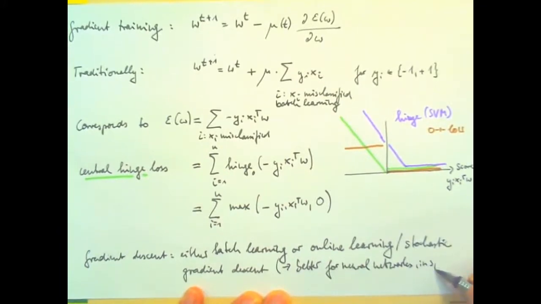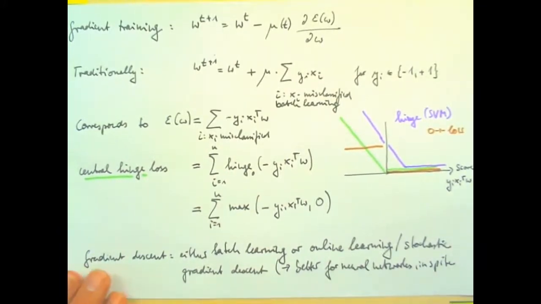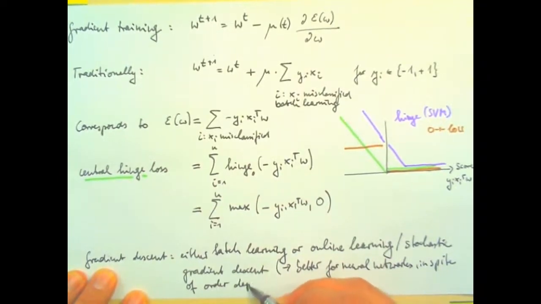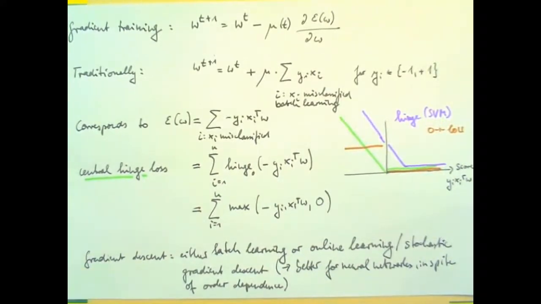You essentially inject an element of randomness into your optimization procedure, which helps. By order dependence, I mean that the results will differ. You may end up in different local minima depending on the order in which you presented your training samples.